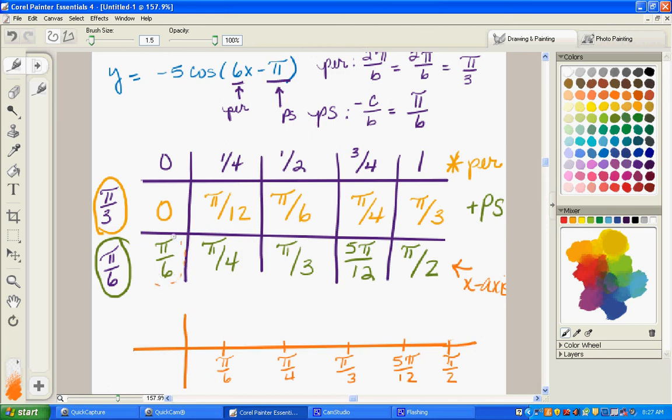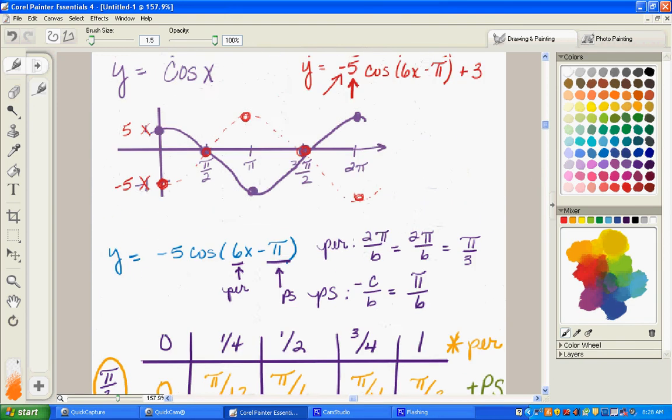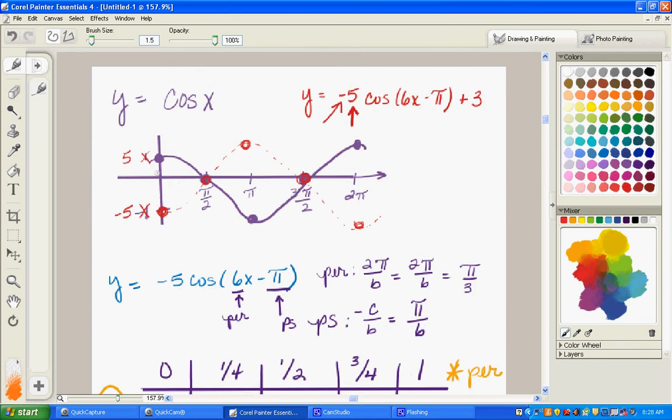Now notice that the y-axis is no longer my first key point. My first key point is this guy here. So this is where the new starting place is going to be. I already determined that I should be at 5 and -5 for my amplitudes, and that I should start at the bottom. So my first point, just like up here, my first point was 0, -5.